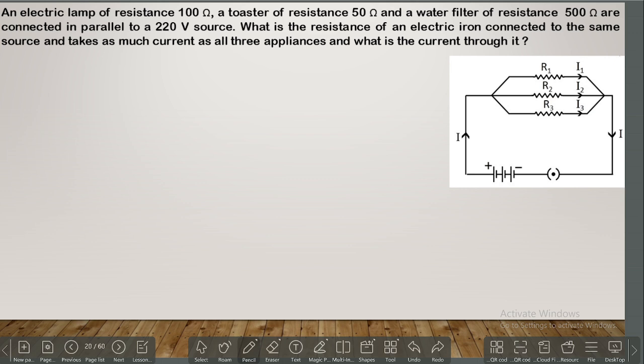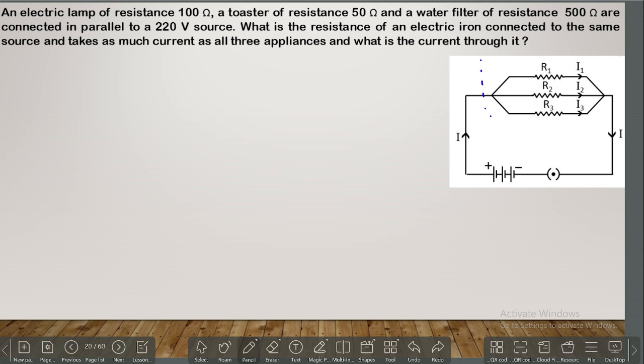In the question, they are saying an electric lamp of resistance 100 ohm, a toaster of resistance 50 ohm and a water filter of resistance 500 ohm are connected in parallel to a 220 volt source. What is the resistance of an electric iron connected to the same source that takes as much current as all the three appliances take?